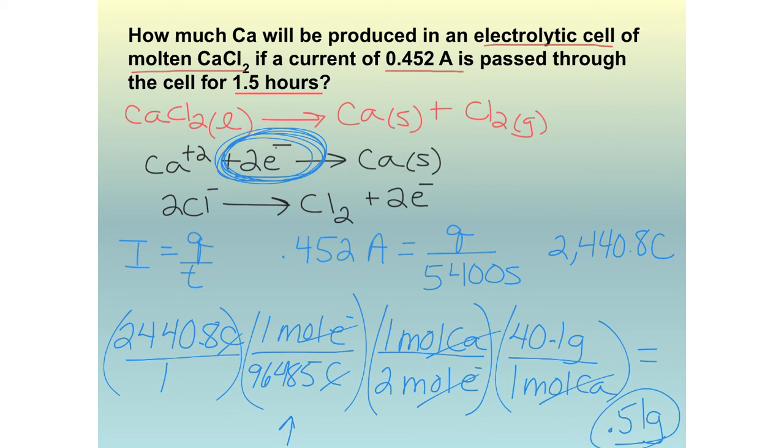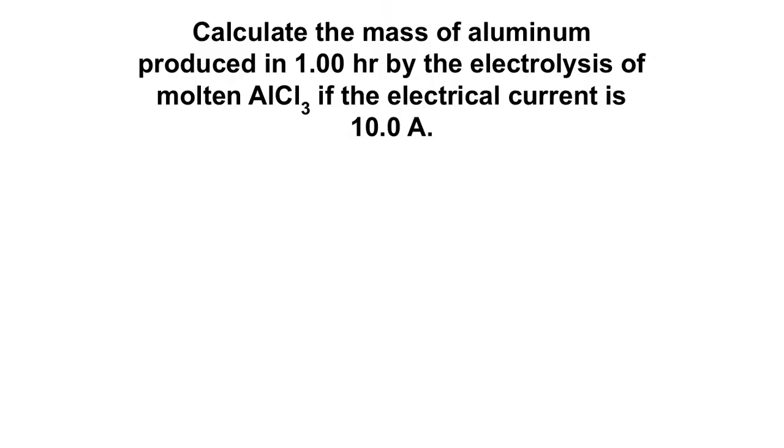Now, if you had already rounded this number here, then you might end up at 0.50, but we should be at about 0.5 grams of calcium. So hopefully you see that this is still basically stoichiometry with just adding in this equation here. Remember, the T does have to be in seconds.